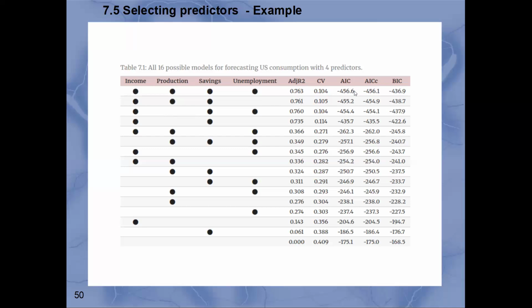If we look at AIC and the corrected AIC, we notice that the more predictors we have, the higher these values are. And so once again, we're trying to find the best model using the fewest predictors. We'll look at all these values and see which ones we think are acceptable.